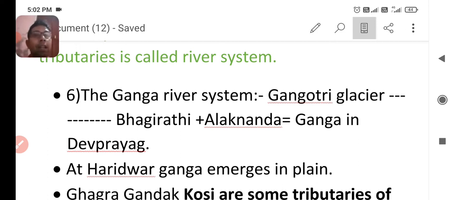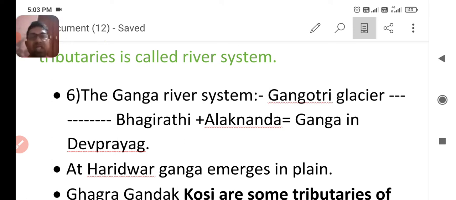You know that, but in NCERT there is information for us: from the Gangotri glacier, Bhagirathi comes. The first part of the Ganga is Bhagirathi.